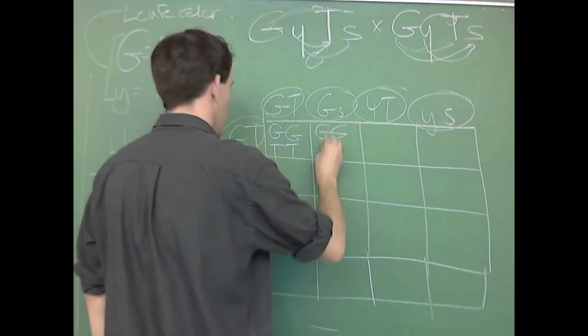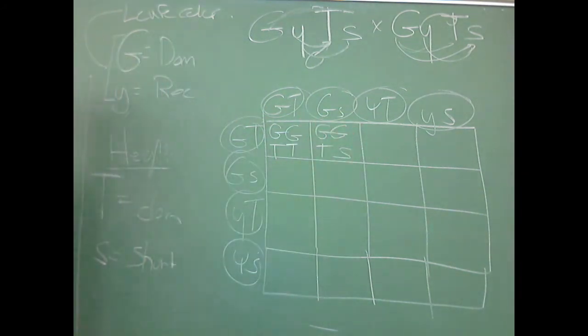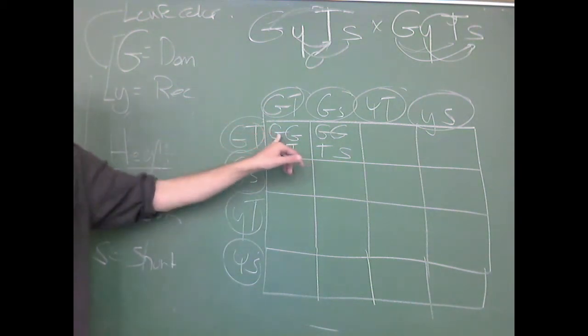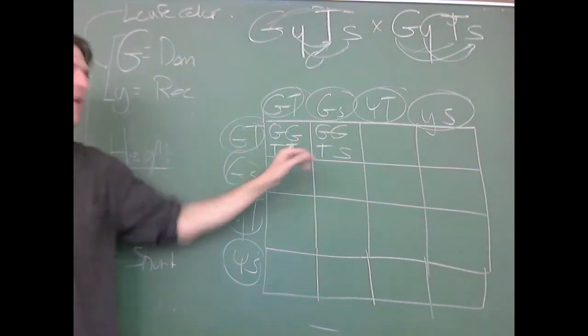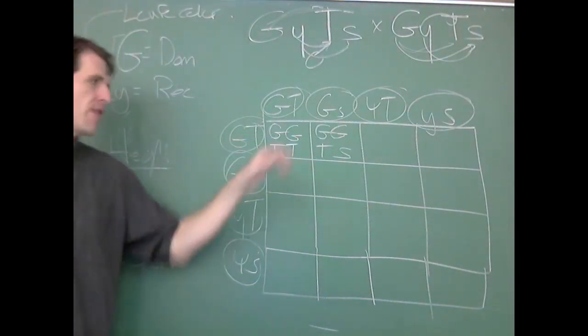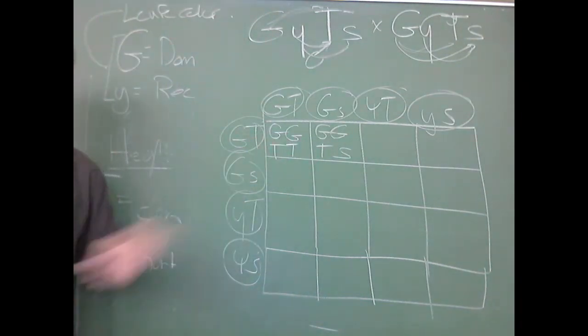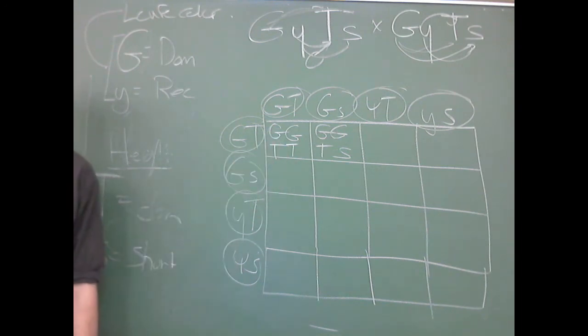Green, green, tall, short. The combination having 2 green alleles or 2 tall alleles, we called that the what of this. This was an individual, what would we call that? The G.